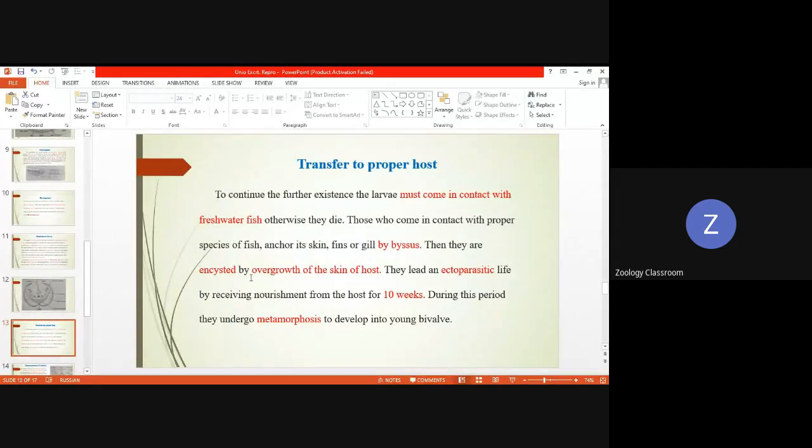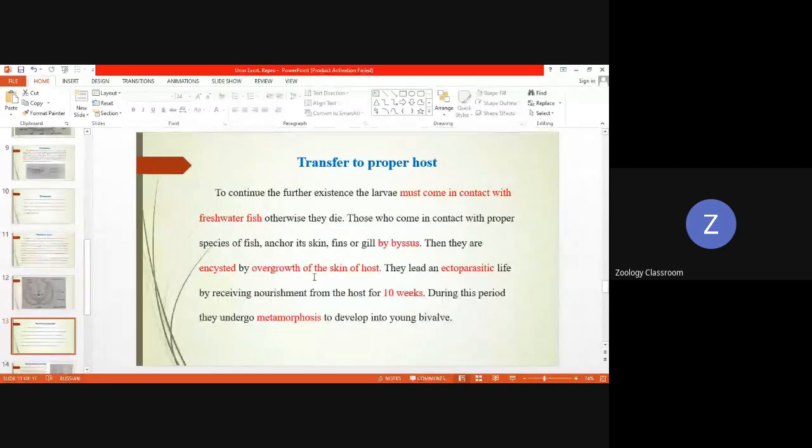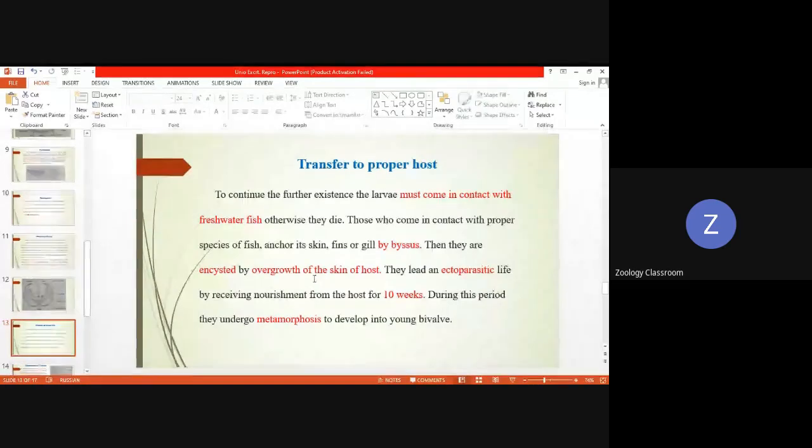Then they are encysted by the overgrowth of the skin. मग जाऊन स्किनला चिकटतात आणि स्किनला चिकटल्यानंतर स्किनची वाढ होत असते, कंटिन्युअस त्याची त्वचेची वाढ होत असते आणि ती त्वचा त्या ग्लॉचिडियम लार्वावर चढते, ओव्हरग्रोथ होते.